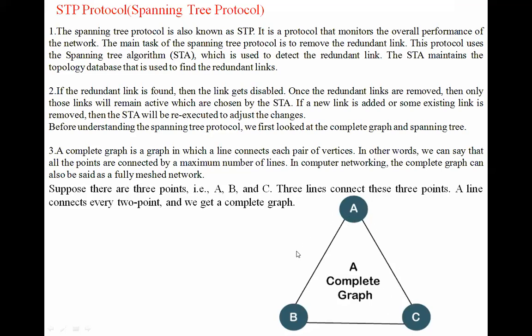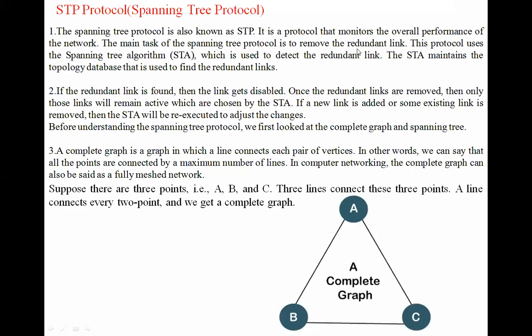You have to get this type of complete loop, and only then whatever data or frame is there has to be sent around the complete loop itself. If any one of the links is disconnected in between, say the link from A to B is damaged, the function of the spanning tree protocol is to add an alternative link, which is called a redundant link.